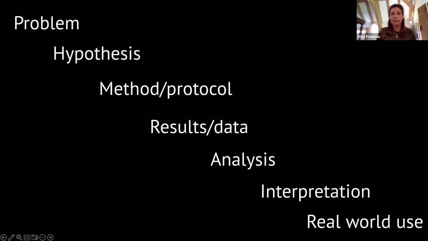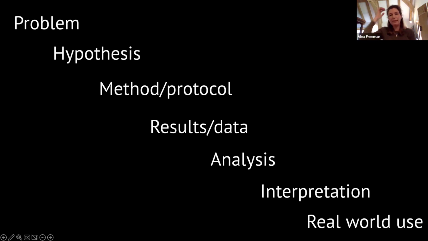Maybe you don't have real world use of your work, but everybody is starting with a problem that they want to try and solve, and a rationale or an approach to that problem, and then they do something. So even if it's purely theory, they do some work on solving that problem and thinking about it.